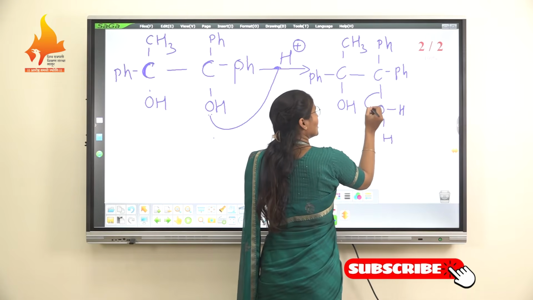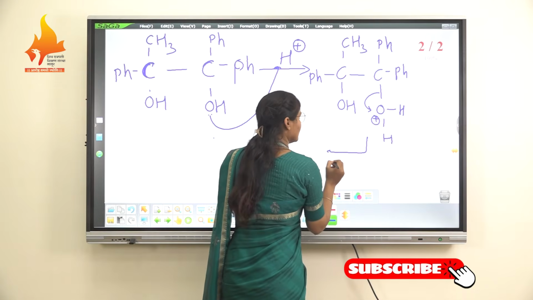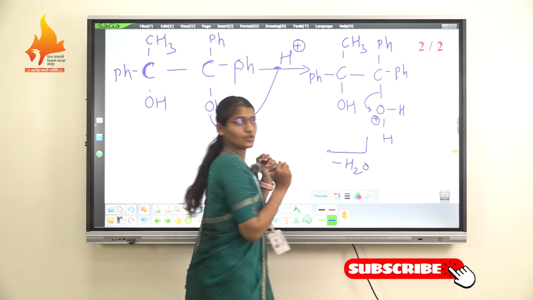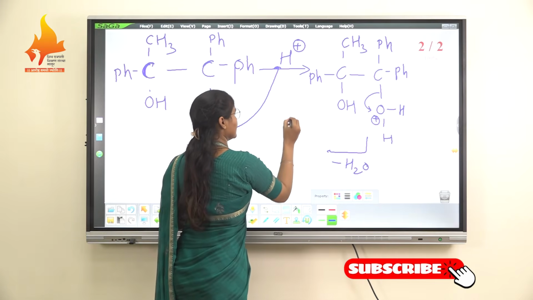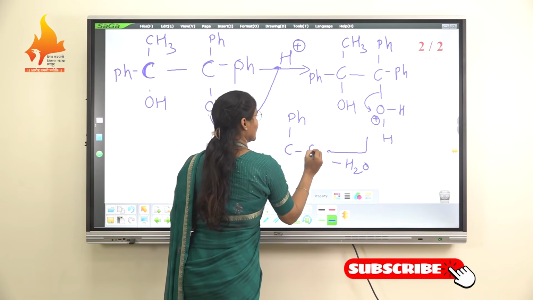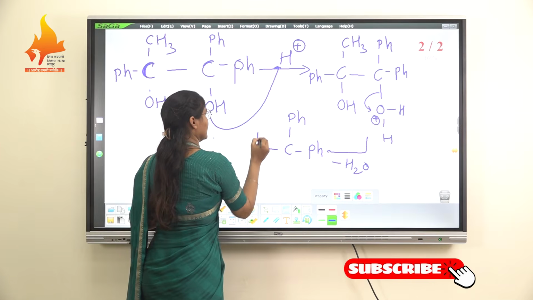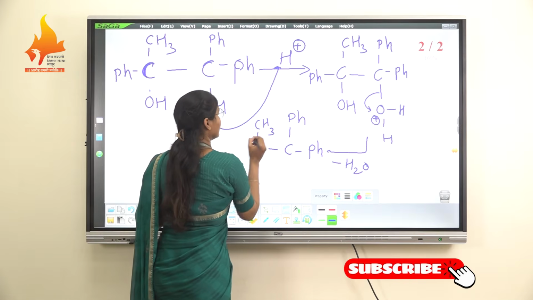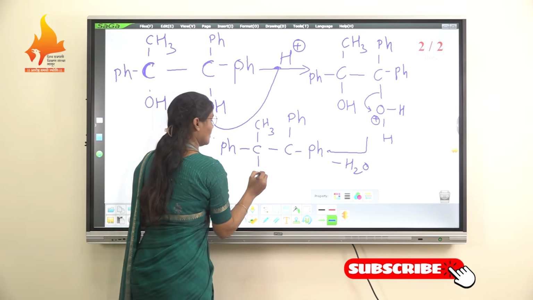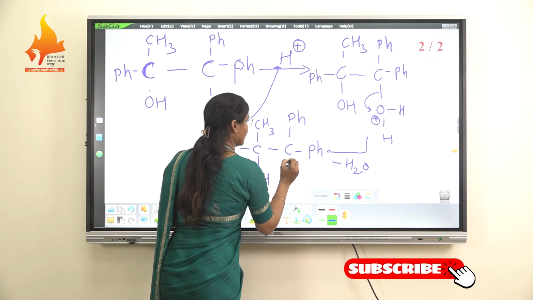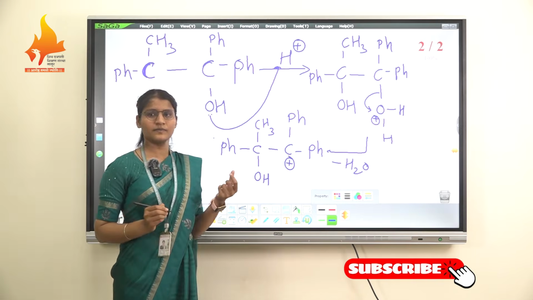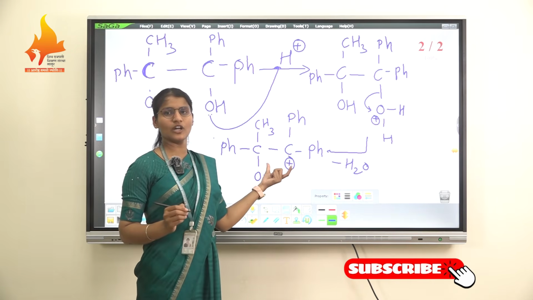After this, the water molecule departs, minus H2O. Then we will get C, Ph, Ph, C, CH3, Ph, OH, and then positive charge. We will get this molecule.